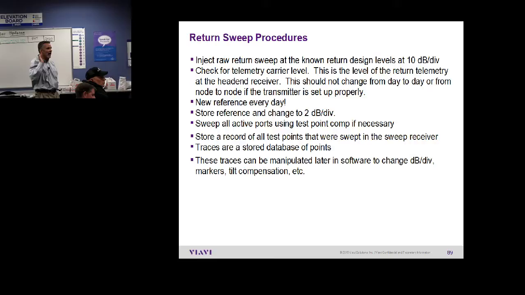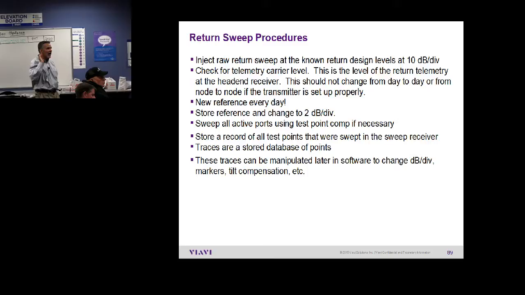Okay, so there's a couple of things you've got to know about return sweep just before you start. First of all, you've got to know your equipment. An Aris amplifier and a Cisco amplifier essentially do the same thing, but there are different things within each amplifier. For example, test points. Does the test point cover one port or two ports?